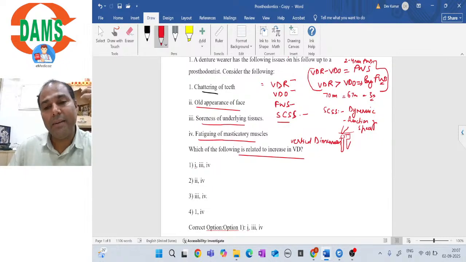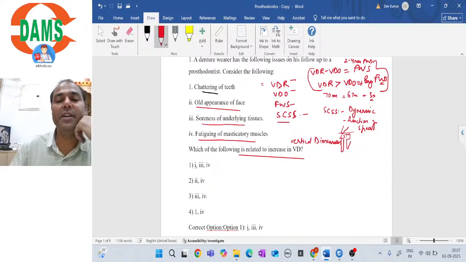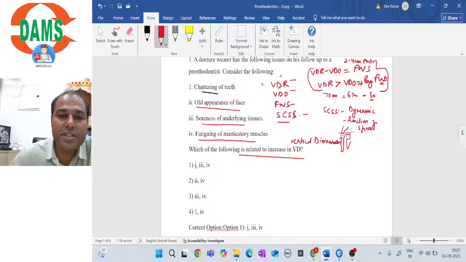And mind you, it is the closest way to see whether your VDO is right or wrong. So VDR, I told you, remains equal in all the ridge relations 1, 2, 3. But Silverman's closest speaking space, that is your dynamic entity, in class 1 is around 1 to 2 mm.